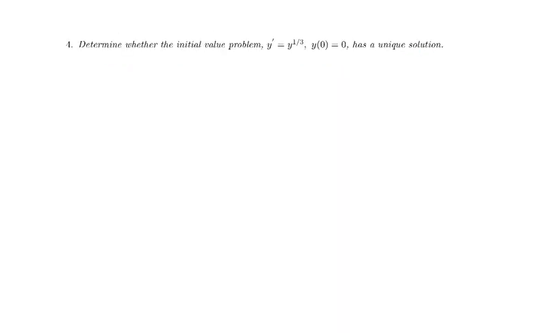There's one problem left, which I've got here, and we want to go through the same process to determine whether this particular IVP has a unique solution or not. So we have our y prime, which again is f of, I'll say t, y, but you could claim x, y, is y to the 1/3.